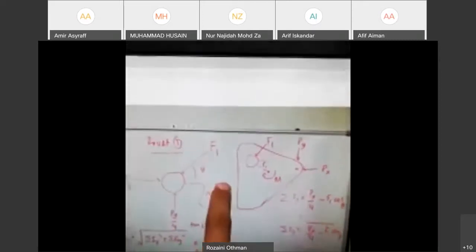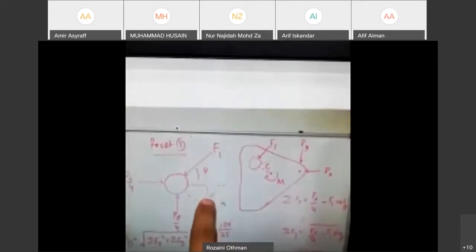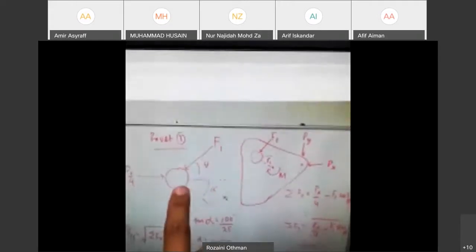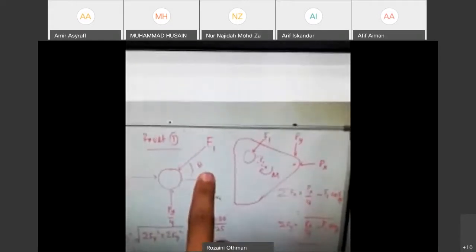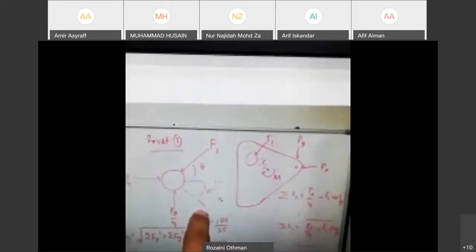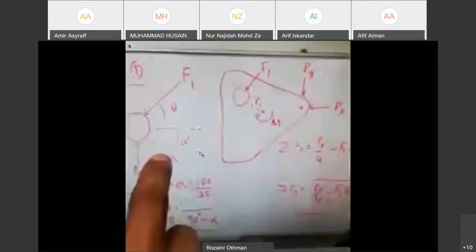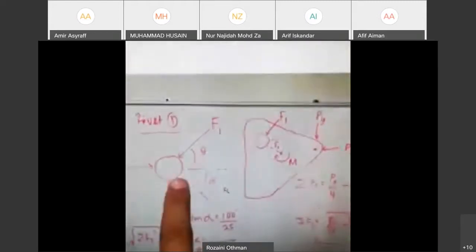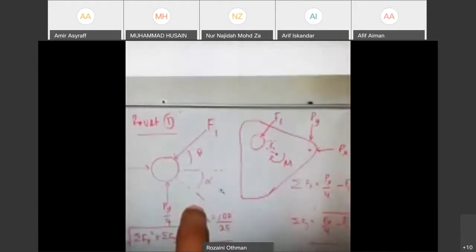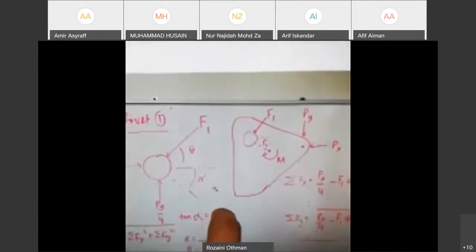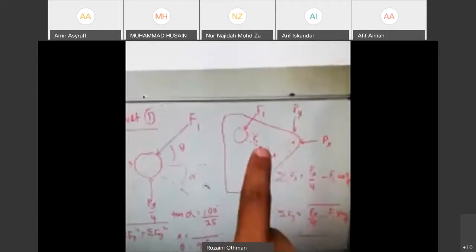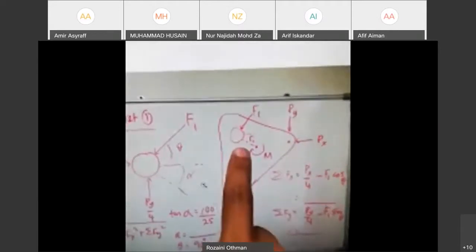And also for F1, the direction of force is like this because F1 will create a moment. So F1 times the distance R1. R1, the distance, is like this, and we know that this is the centroid. So R1 is like this.